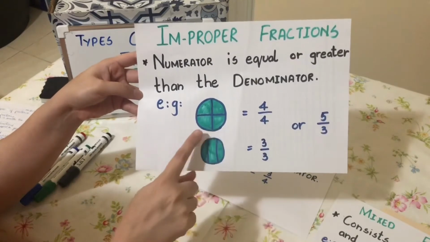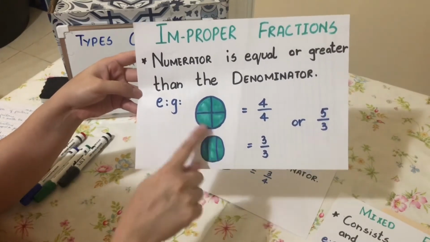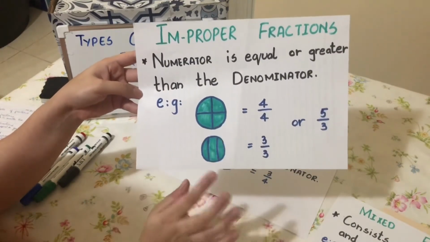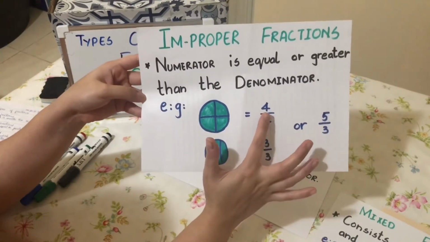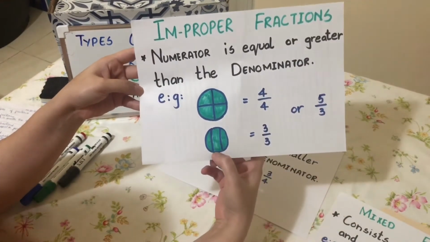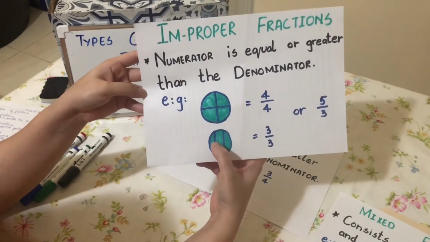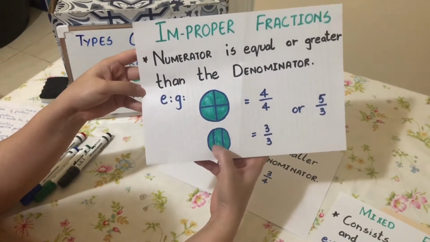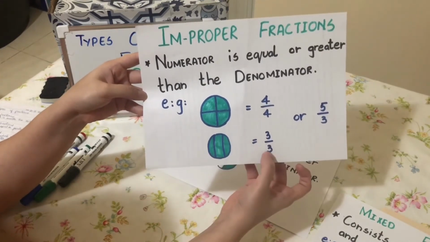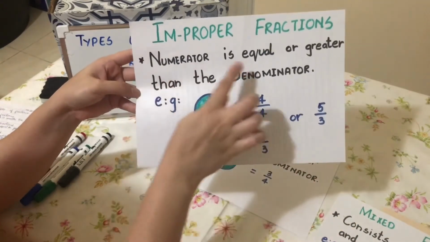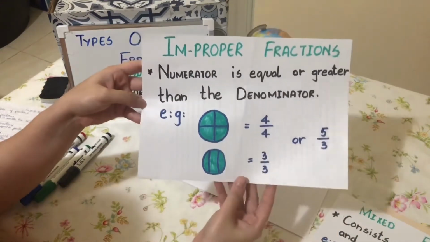Here I have taken the same example: a circle divided into 4 equal parts, and 4 of the parts are colored. It means 4 out of 4. Or here, in the horizontal way, I have created 3 equal parts, so it means 3 out of 3. The numerator is equal to or greater than the denominator.